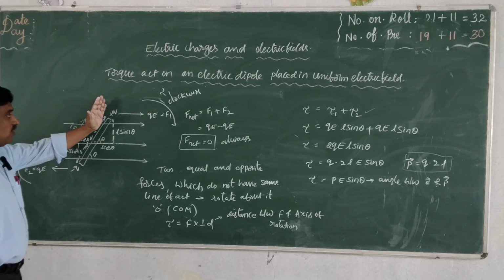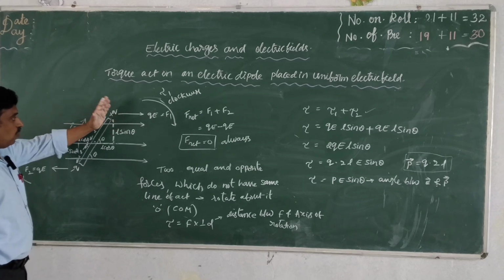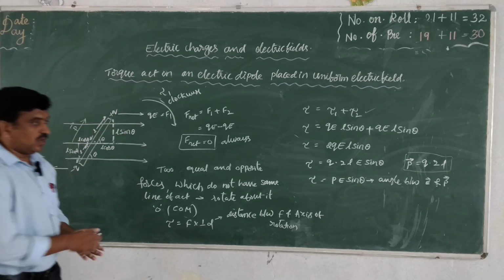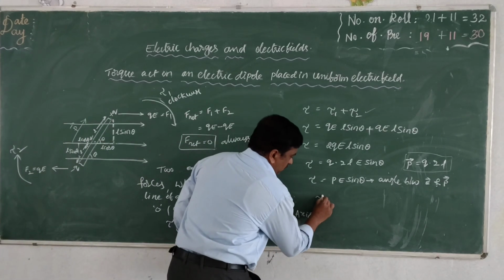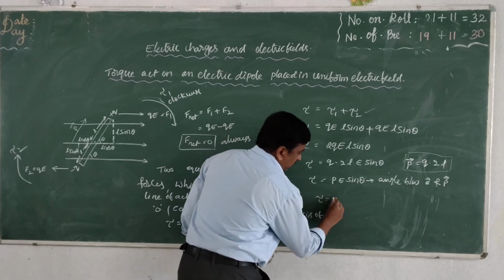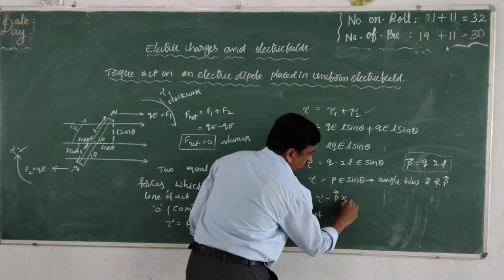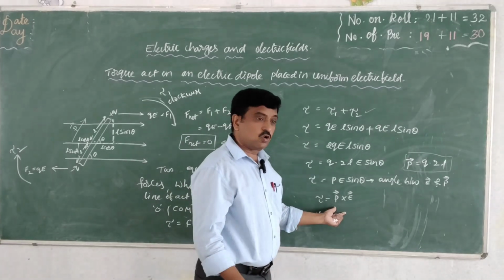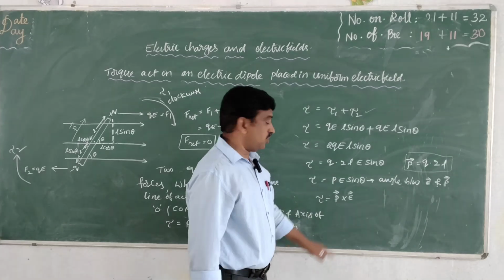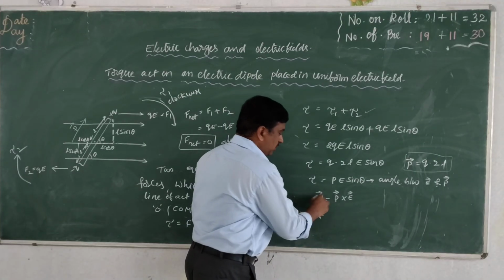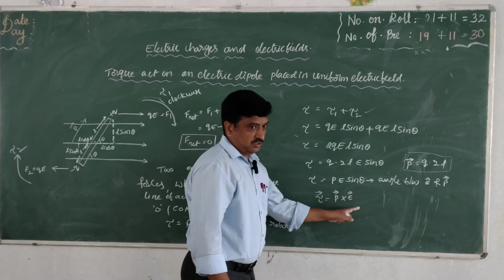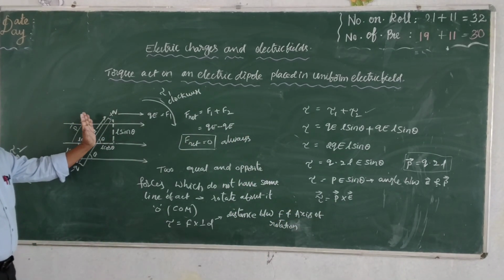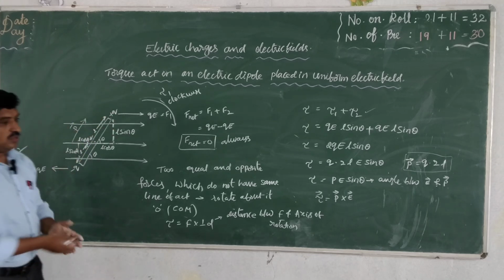The dipole rotates from P toward E. So P E sin theta can be written as P cross E, because the electric dipole moment is a vector quantity, the electric field is also a vector quantity, and the resultant is also a vector quantity. E cross P would give an anti-clockwise sense, which is wrong, so we write P cross E.